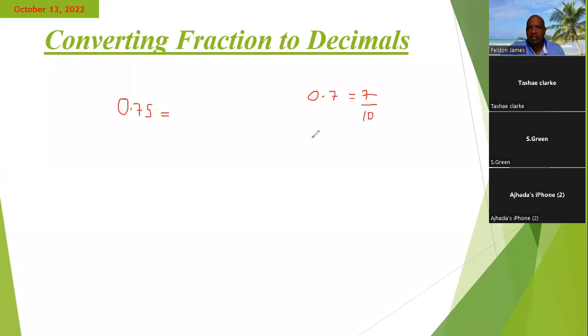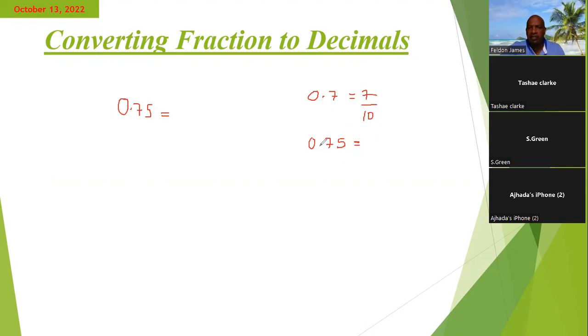Now, if we have two digits, 0.75, then it will also tell you how many zeros in the power of 10. If up here you have one digit, then down here we have 1 zero.